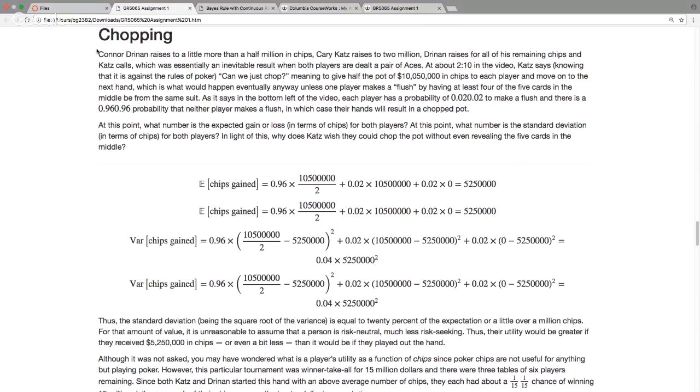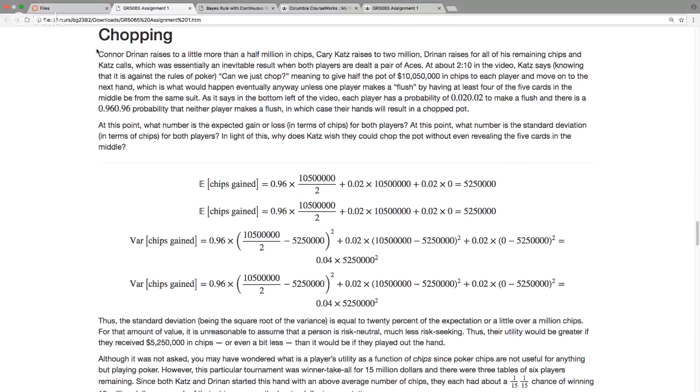Apply the same idea, but now to the function x minus its expectation squared, and the squaring results in a variance that's 0.04 times 5.25 million chips. So the standard deviation is the square root of that, which is like 20% of the expectation.